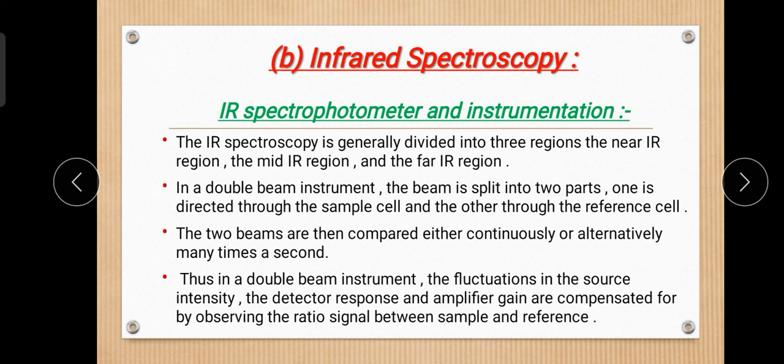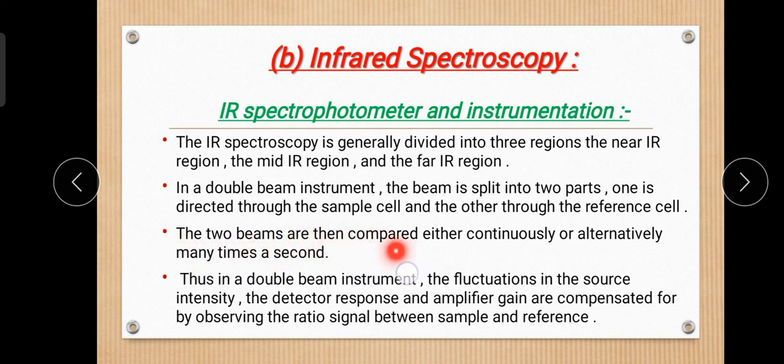If we pass the IR radiation through these two, the sample cell and the reference cell, that means the double beam instrument, the IR spectrophotometer is a double beam instrument in which we use the sample cell as well as the reference cell, and we analyze these two beams with the help of a detector and another assembly, so that we get the spectra of IR spectroscopy.